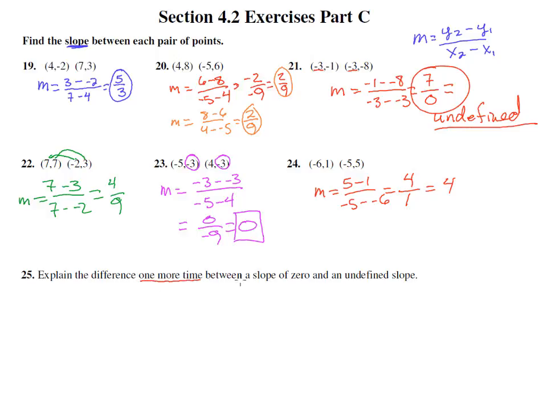Number 25. It says, explain the difference one more time, apparently we've done this before, between a slope of 0 and an undefined slope. Okay, so a slope of 0 is so small that there's no rise at all. A slope of 0 is a line that goes horizontal like this. And it goes steeper if you start tipping it up.